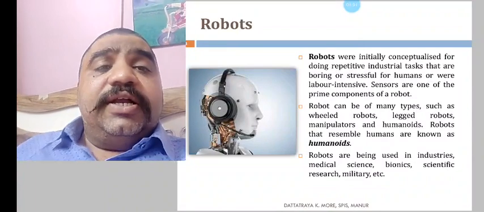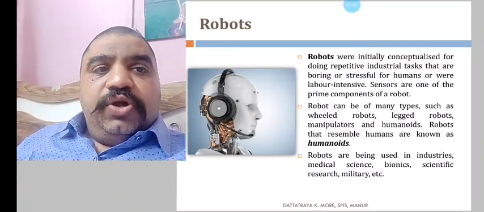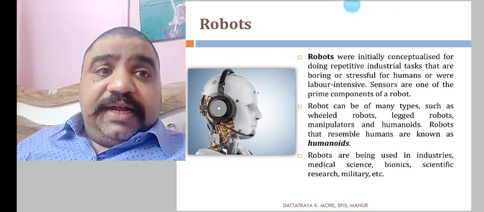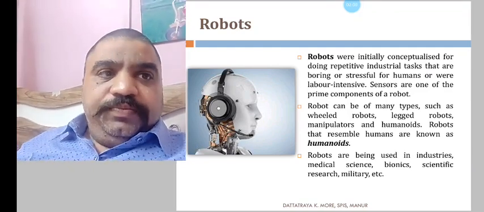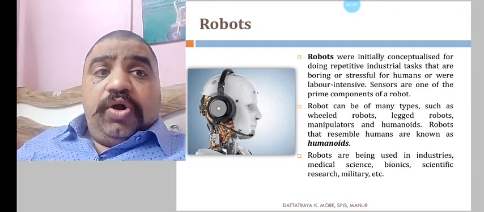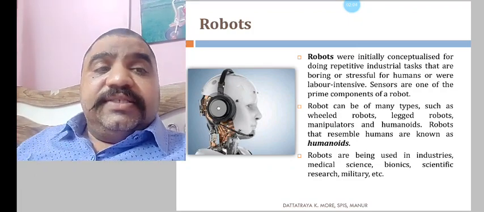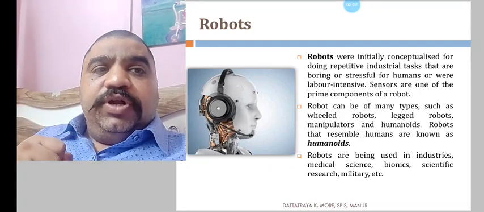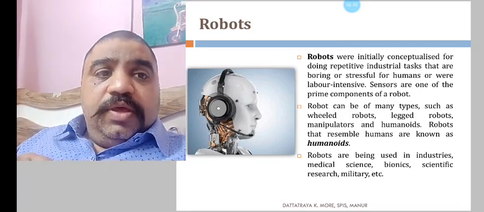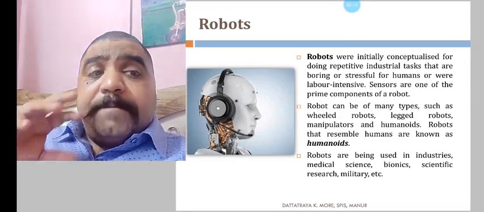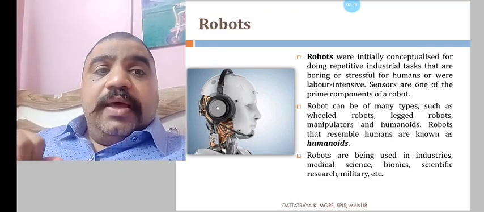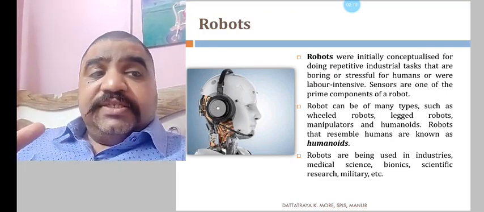Robots were initially conceptualized for doing repetitive industrial tasks that are boring or stressful for humans or were labor intensive. Sensors are one of the prime components of the robot. Robots can be of many types such as wheeled robots, legged robots, manipulators and humanoids.